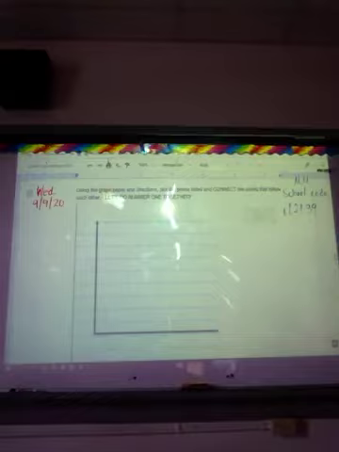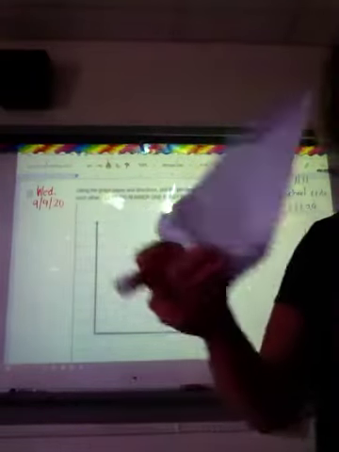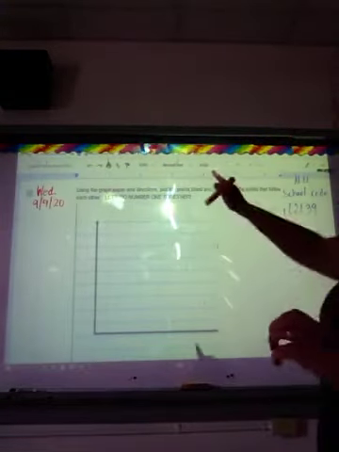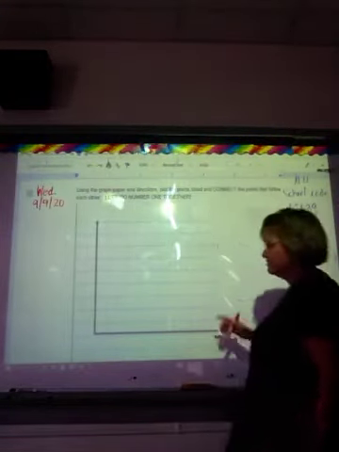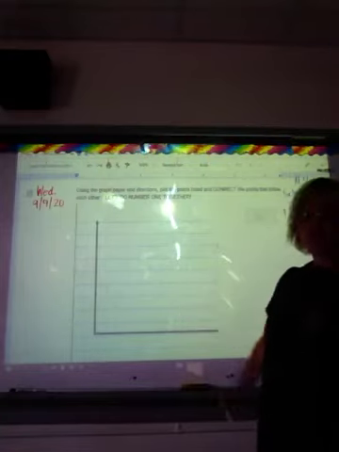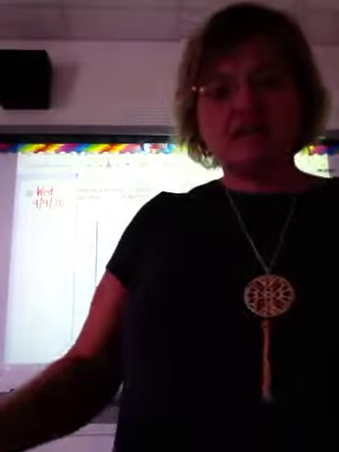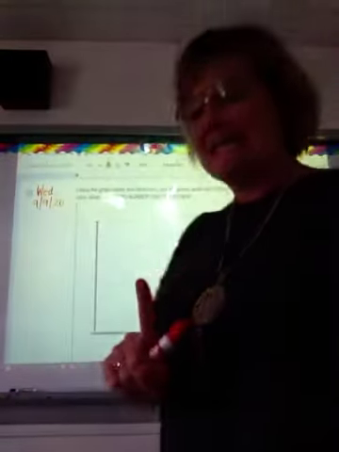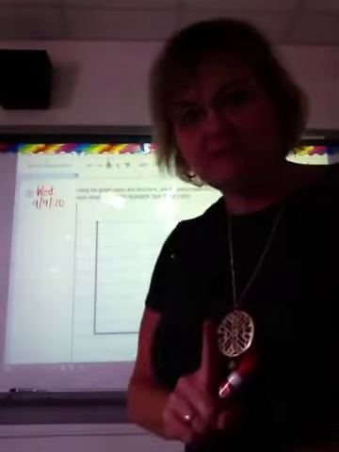On your half sheet of graph paper, it's just a half sheet like this, you need to make this first coordinate graph that looks just like this. Please use a straight edge, a ruler, or your notebook or something to make it straight. And this is a pet peeve of mine.